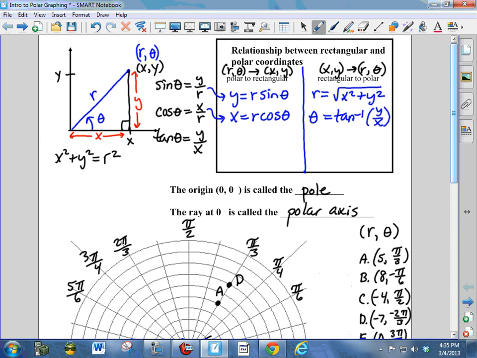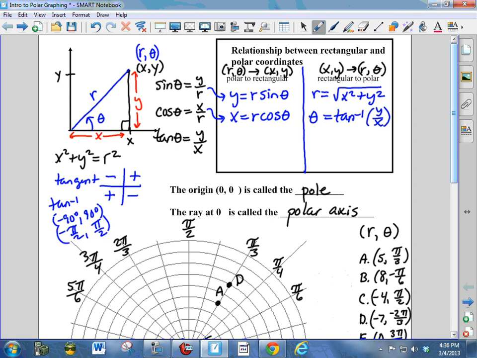Now you've got to recall from when we were talking about tangent, that when we look at our four quadrants, tangent is positive in quadrants 1 and 3, and it's negative in quadrants 2 and 4. And when I do inverse tangent, I get an angle that's between negative 90 and 90, or between negative pi over 2 and pi over 2.